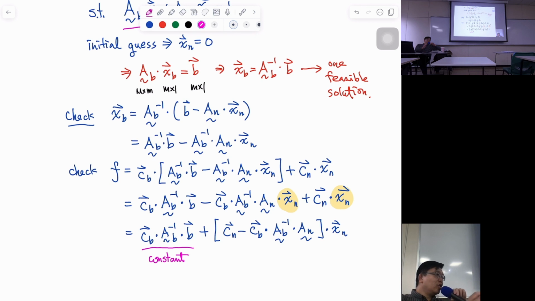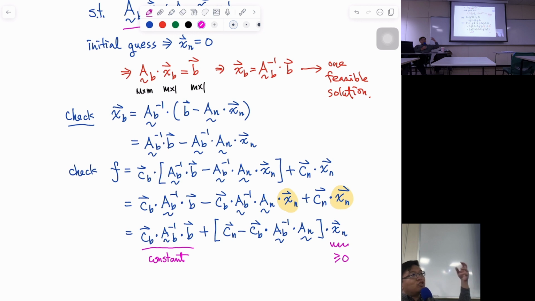Now remember we want all the variables to be positive or zero. So right here, your xN could be some number, you can change them as long as they satisfy your constraint, but they have to be positive or zero.